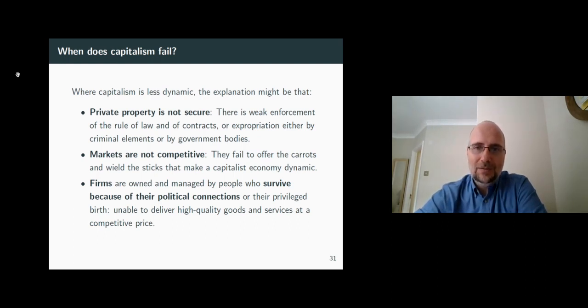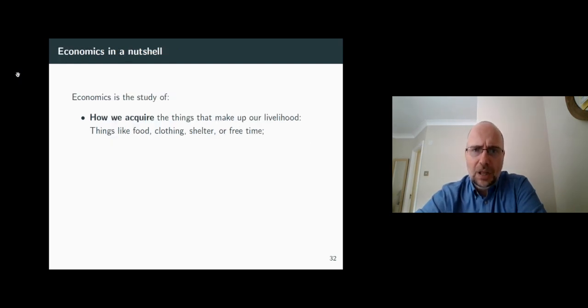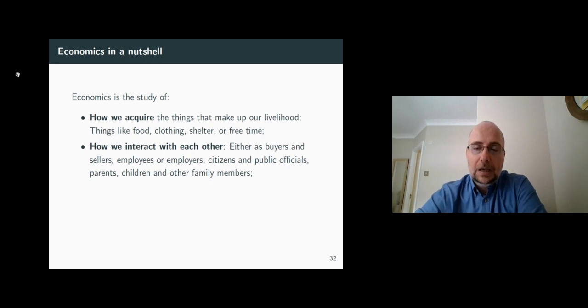Back in the strict domain of economics, it is time to conclude what economics is about. So, first, we learned that economics is about how we make the things around us, about how we produce and how we measure what we have produced. Second, economics is also about how we interact to be able to produce those things.